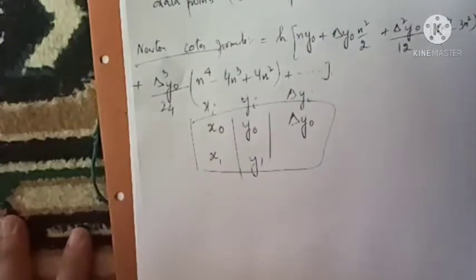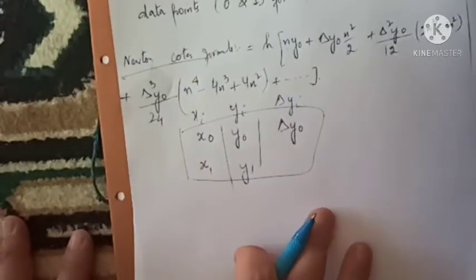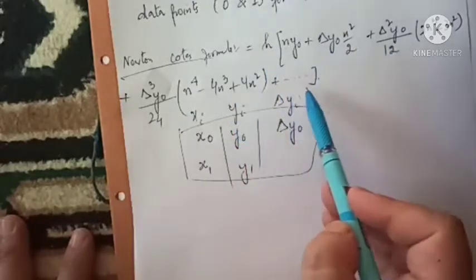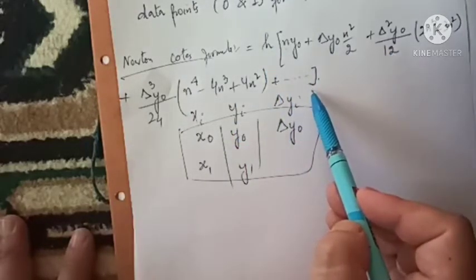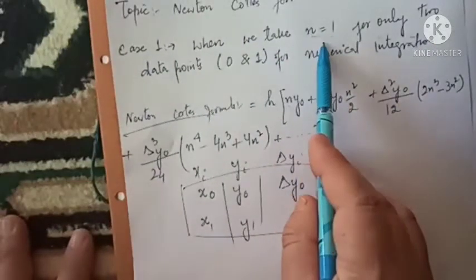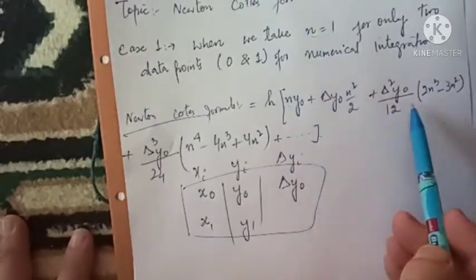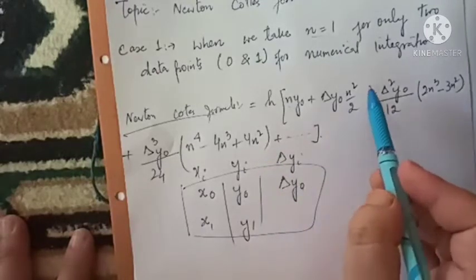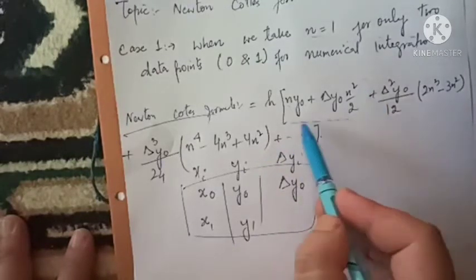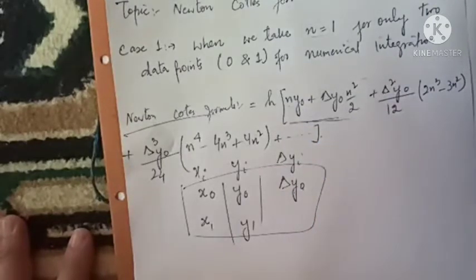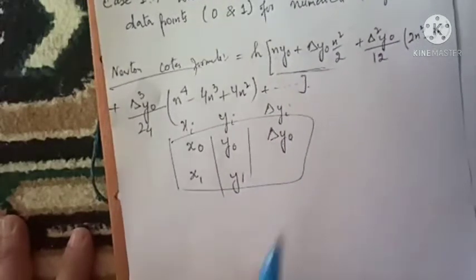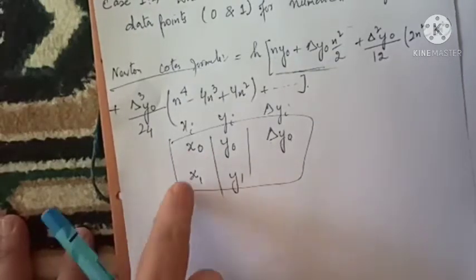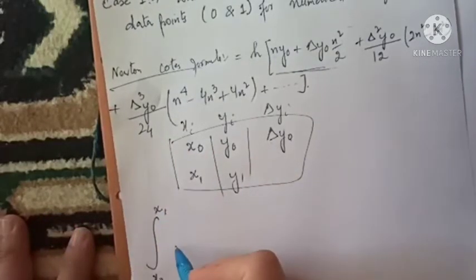Now if we substitute n is equal to 1 in this formula, we have to take the formula only up to delta y0, only these two terms. That means we have to integrate from x0 to x1, only 2 points.